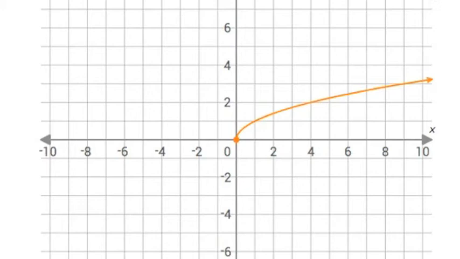Eventually it will get to 10 up here, it's just going to take a while. So it starts at 0 and anything bigger than 0. So the range for this function is y greater than or equal to 0.